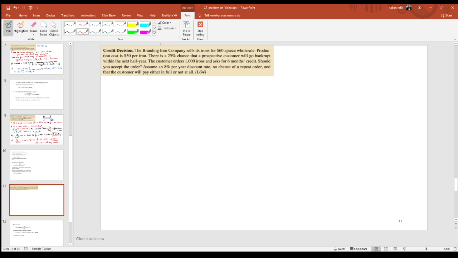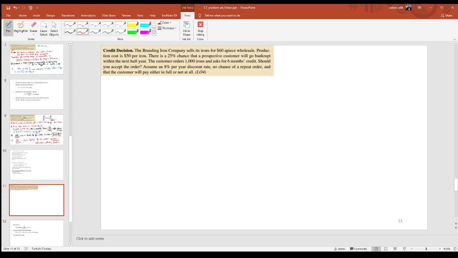Let's see. The Branding Iron Company sells its irons for $60 a piece wholesale. Production cost is $50 per iron. There is a 25% chance that a prospective customer will go bankrupt within the next half year.